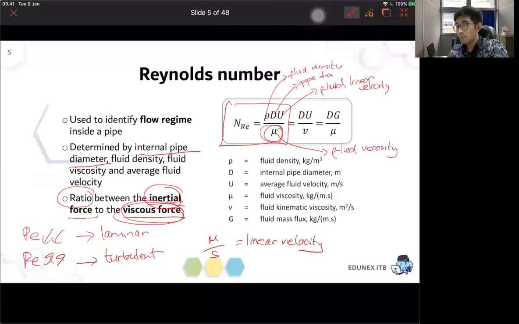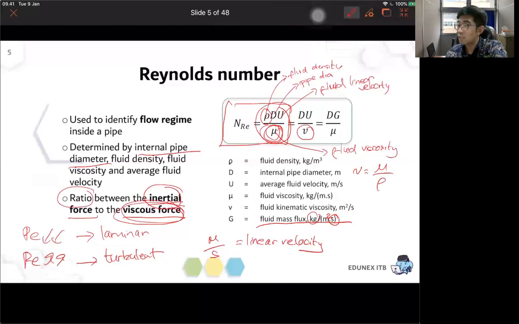Okay, so from this equation, actually you can replace mu over rho with this one, right? Because this one is mu over rho. Or you can use fluid mass flux. Fluid mass flux is the mass rate, kilogram over second, divided by square meters.